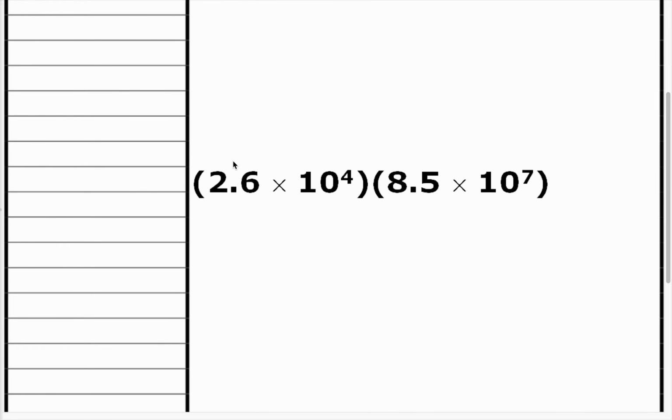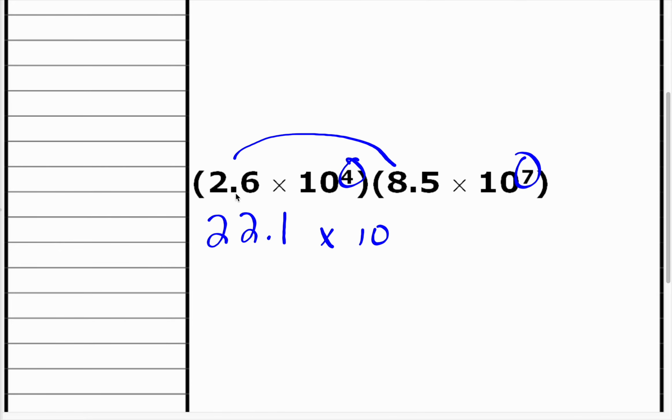Multiplying, I'm going to multiply 2.6 times 8.5. That is 22.1. When we multiply, we're adding the exponents. So 4 plus 7 is 11. But this is not in scientific notation because the decimal has to be moved one place to the left. So when we move it one place to the left, we get 2.21.